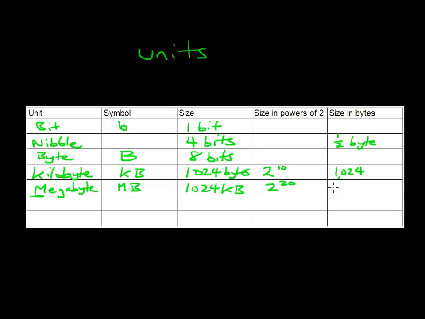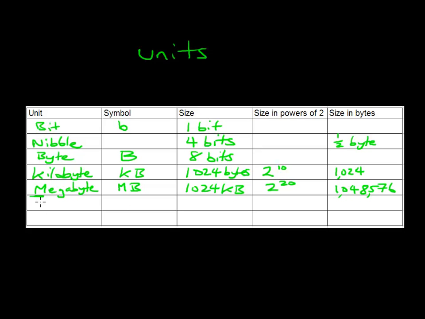That number comes out a very strange number, which is 1,048,576. If we put in some commas to help, that is just over 1 million. So we use the unit of a megabyte, which would mean 1 million bytes, but it actually means 1024K because of this 2 to the 20 thing.